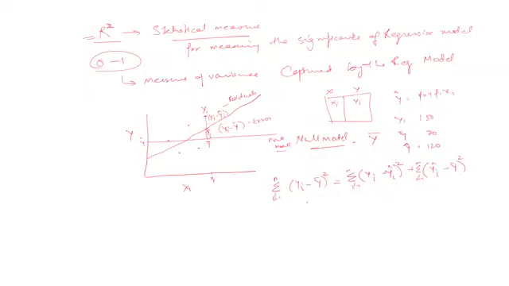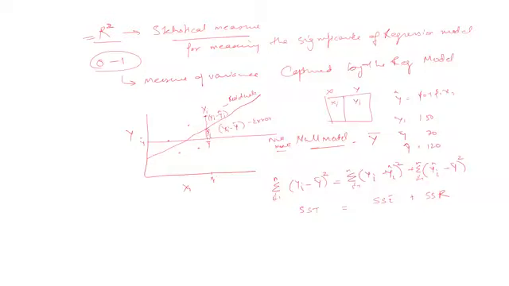In statistics, this particular term is known as SST, sum of squared total errors. This one is known as sum of squared errors, or sometimes residuals, SSE. And this is known as SSR, the sum of squares due to the regression line.